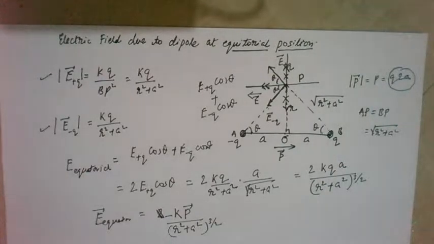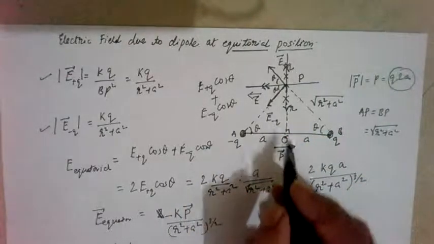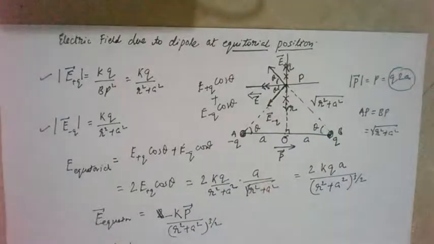Now let us see it for a short dipole. As I have already discussed, for a short dipole the distance a is much smaller compared to r.